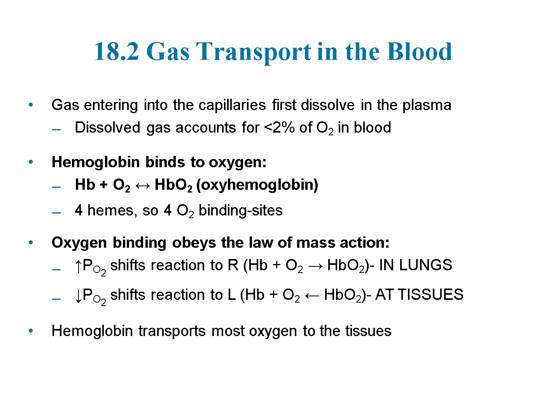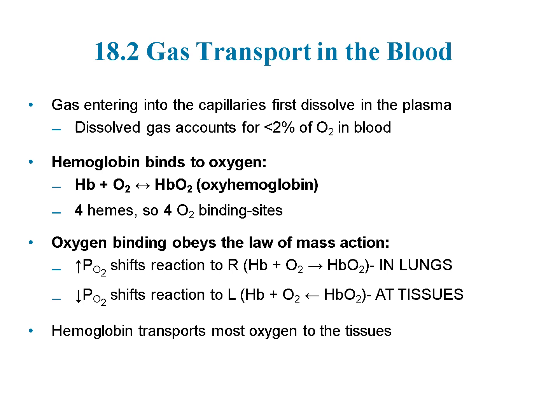The binding and release of oxygen follow the law of mass action. In the lungs, where oxygen levels are high, the reaction shifts to the right, promoting the binding of oxygen to hemoglobin. This ensures that red blood cells become saturated with oxygen before they travel through the bloodstream.